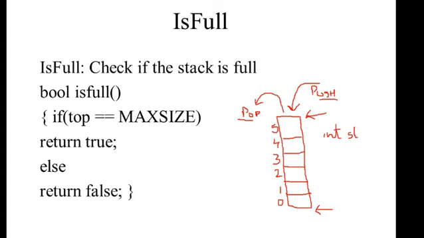You can use any name, xyz, but here I'm using stack. So int stack, and I have used a size of 6 here. Once I have declared this array of size 6, a stack of size 6 will be allocated to you.